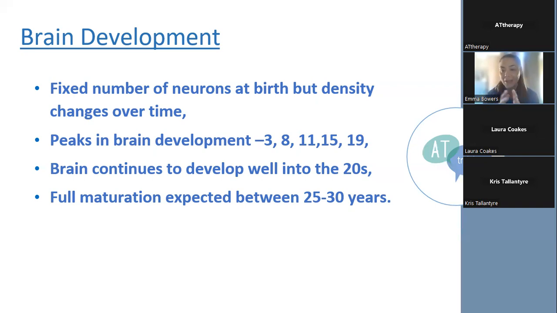But these tend to be around the ages of 3, 8, 11, 15, and then later again at 19. Now, the brain continues to develop well into the 20s, and lots of researchers advise that full maturation is expected between 25 and 30 years.